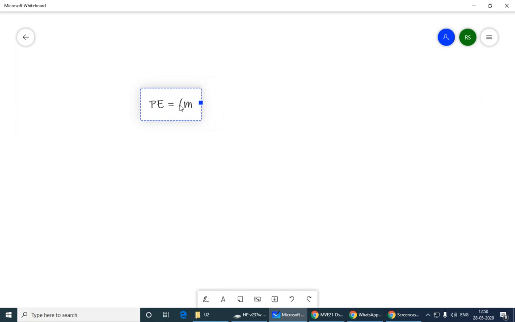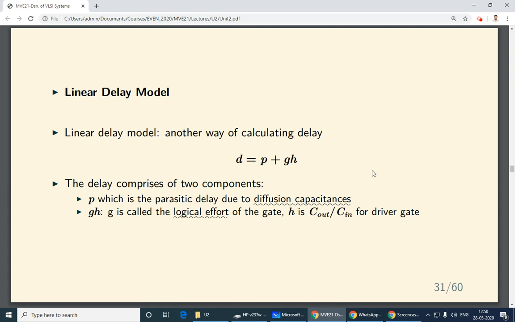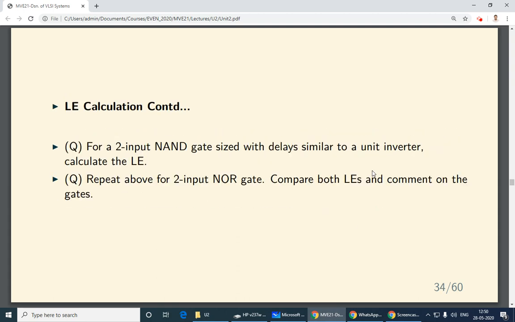Here also we have a similar thing: the delay d is equal to p, which is a constant term, and g is the cost of the gate, that is, my driver gate has some cost given by the logical effort g, and it is driving some amount of output given by this final term that we have to discuss, which is called h.